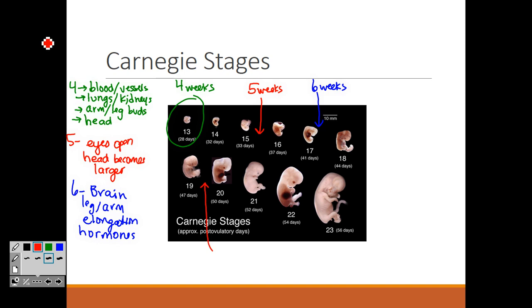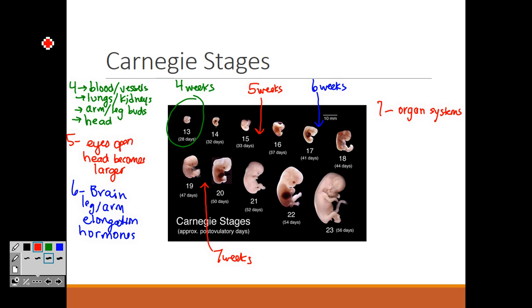Now, right about here, that's 7 weeks. So during week 7 or around week 7, we start to see organ systems. So not just individual pieces, but the fact that they're working together. So for example, you have a digestive system that's composed of many organs.